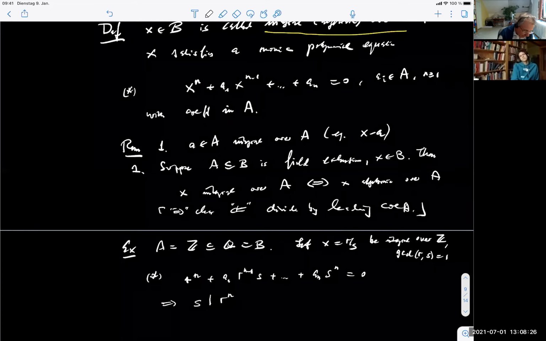But since I assume s and r are coprime, the only way this can happen is s is plus or minus 1. Okay, they are coprime. So I see x actually is an integer.